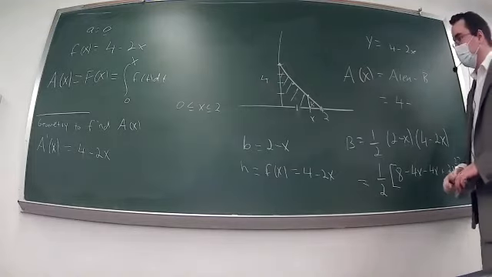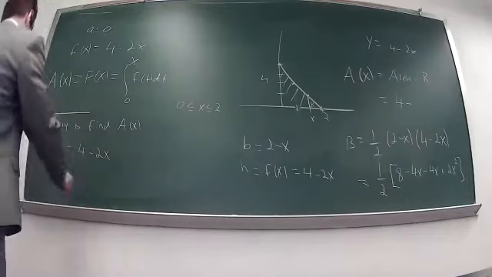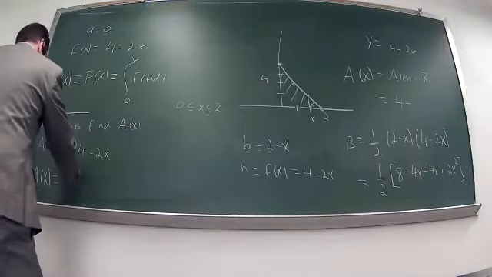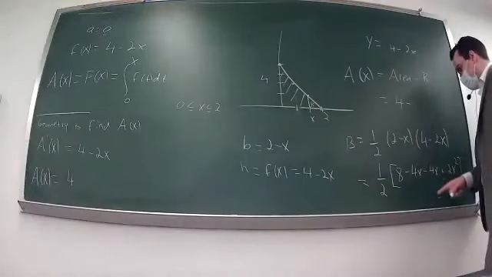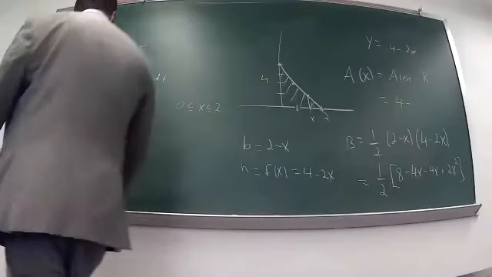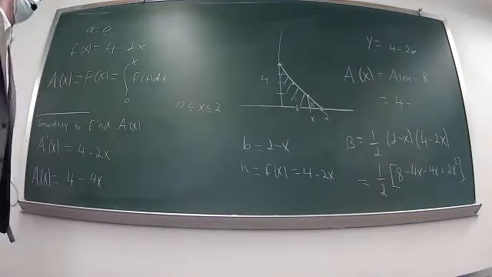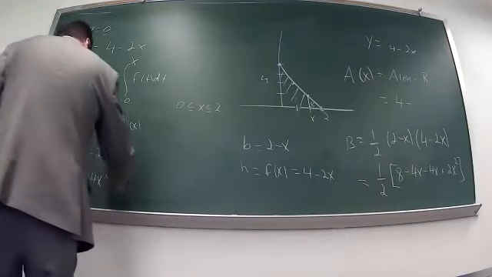Dividing by 2, that's going to give us A of x is equal to 4. Negative 4x minus 4x, that's minus 8x, so 4 minus 4x when you divide by 2, and then plus x squared.